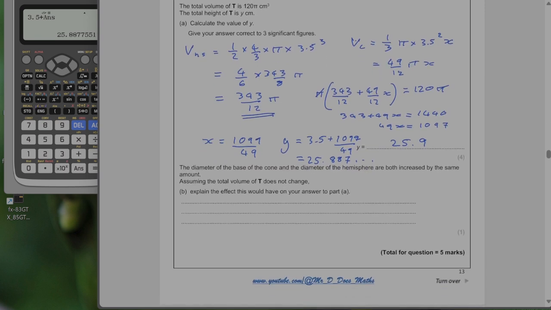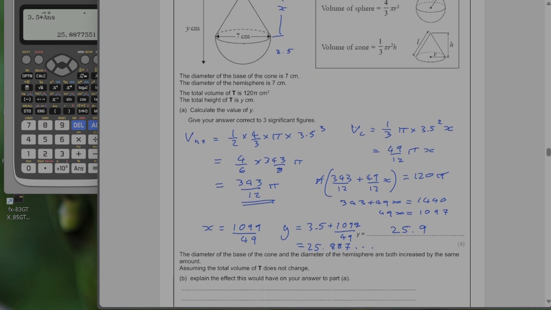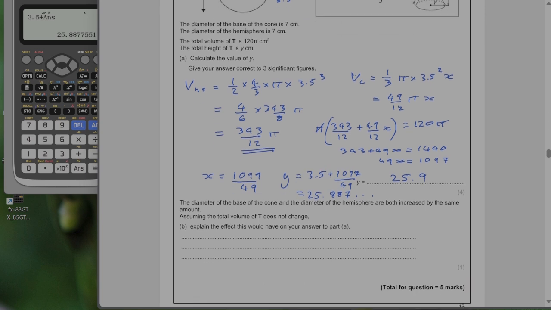Right. The diameter of the base of the cone and the diameter of the hemisphere are both increased by the same amount. Assuming that the total volume of T does not change, explain what effect this would have on your answer to part A. So if we increase the diameter of these two, but the volume doesn't increase, our value for y must decrease.